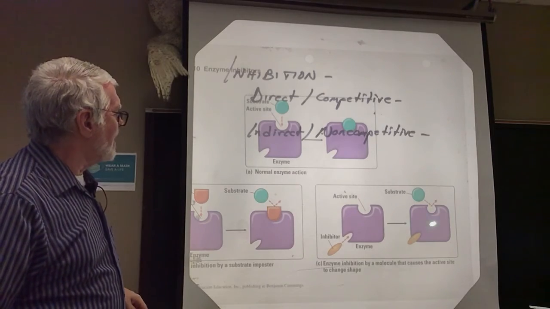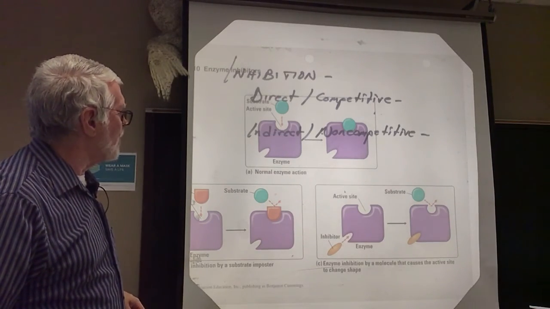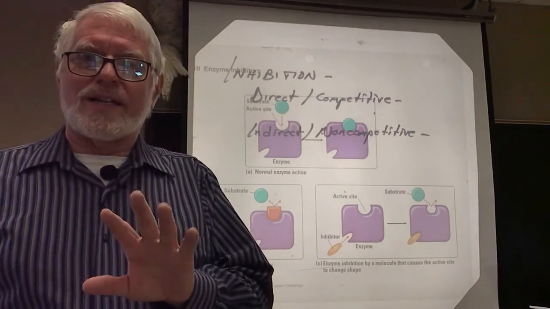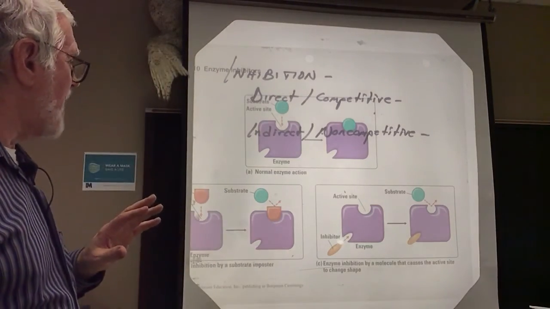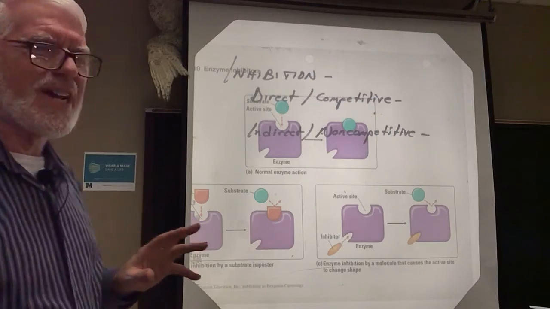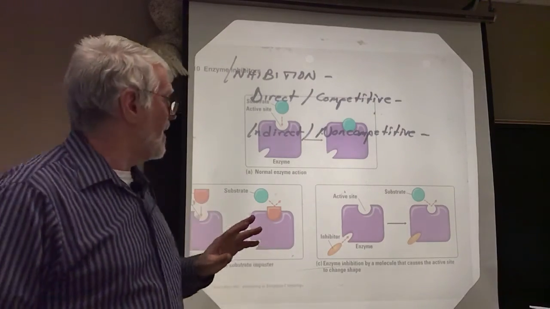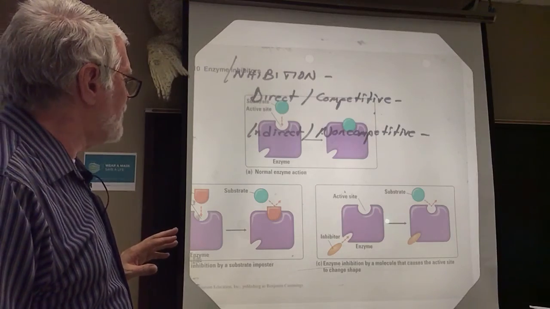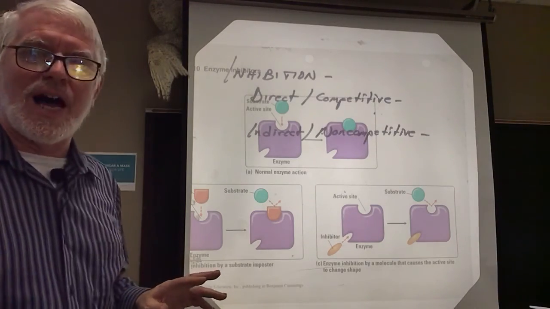Okay, this again is not the best drawing in the world for what we're talking about. But here's another type of indirect inhibition. There's a spot somewhere on the enzyme, they call it a regulatory site. And when the inhibitor sticks there, it changes the whole shape of this protein blob.